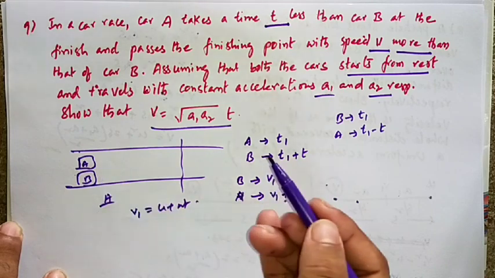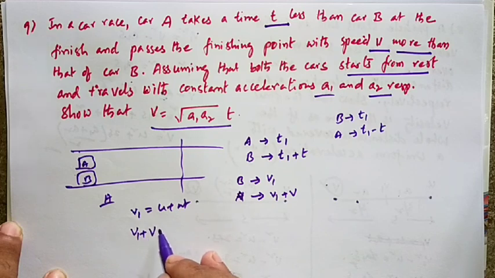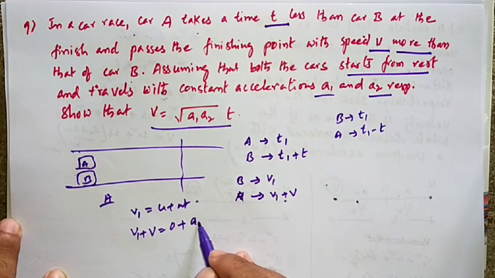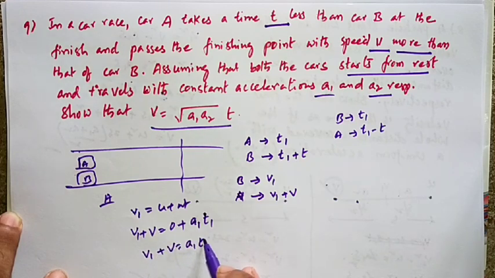As both the cars have 0 initial velocity, then v1 plus v is equal to 0 plus a, that is a1, into how much time it has taken? t1. Yes or no? Then from this, what can I write? v1 plus v is equal to a1 t1.